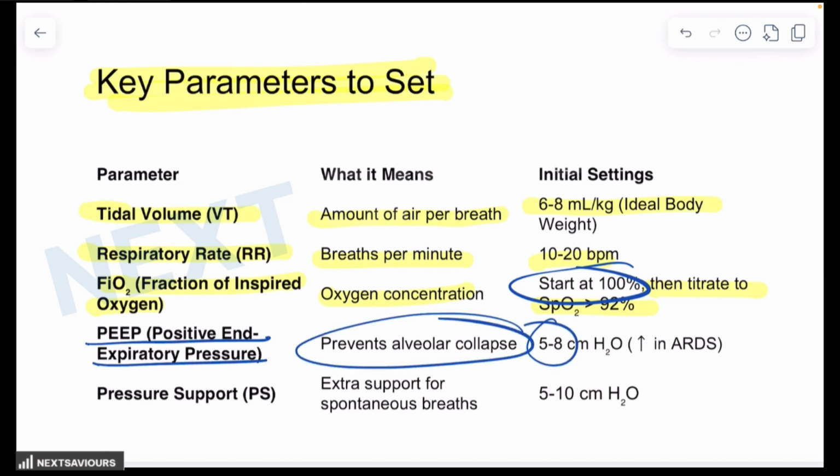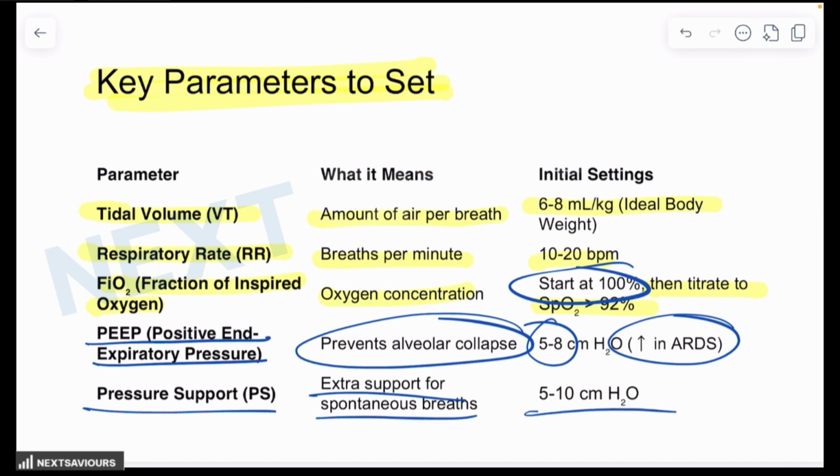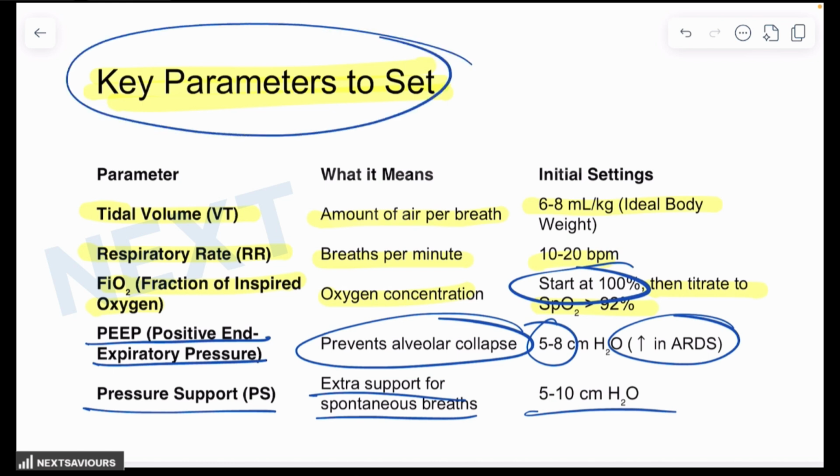And today, in advanced ventilators, this is auto tuned, and it is to be increased in conditions where the compliance is low. And pressure support is for extra support for the spontaneous breaths. 5 to 10 centimeters of water is the set parameter. So these are the parameters that you have to set.